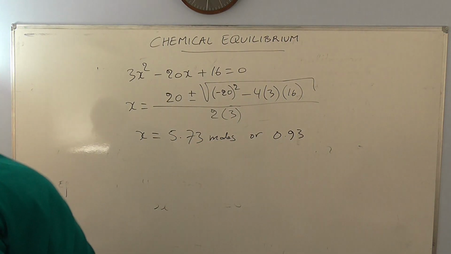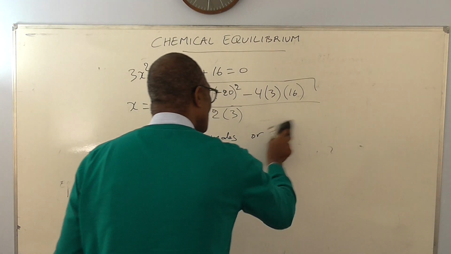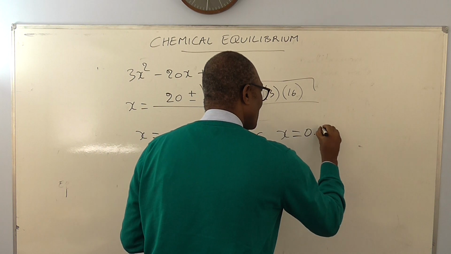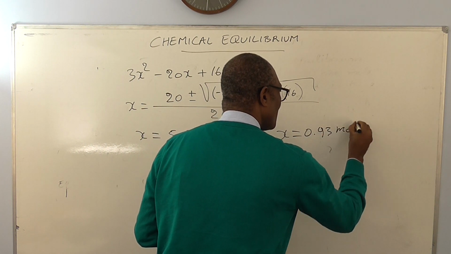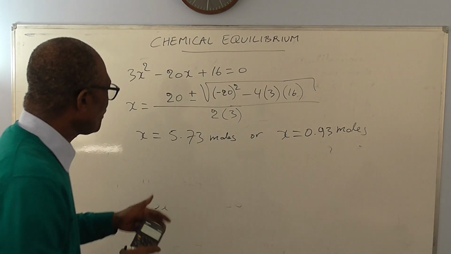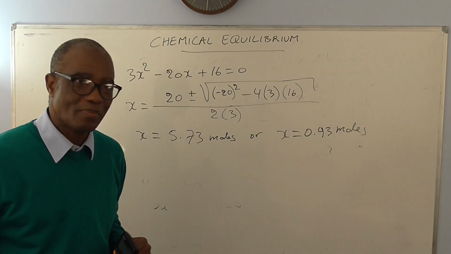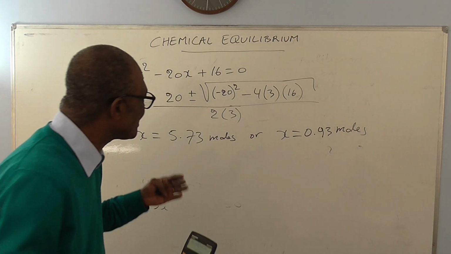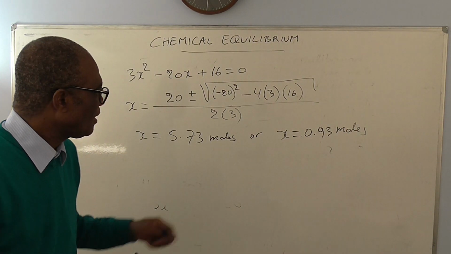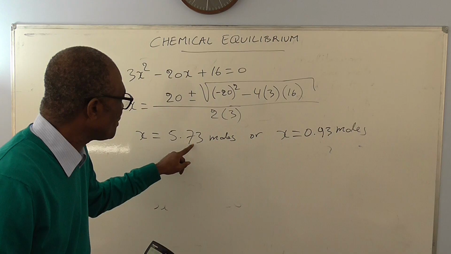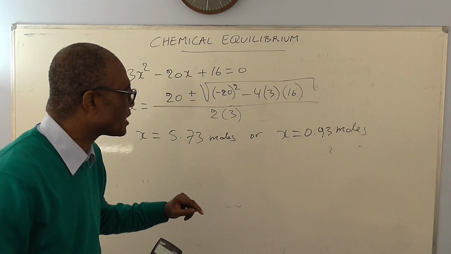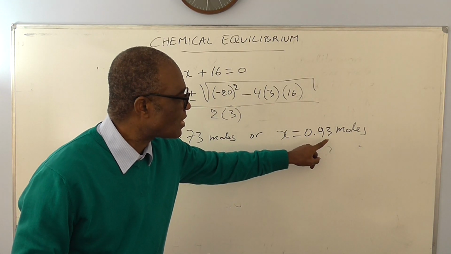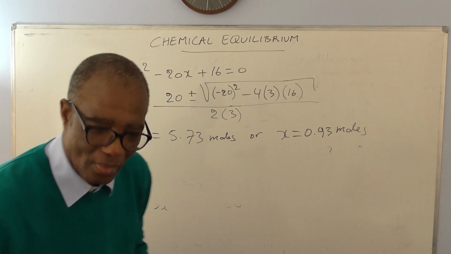So x is equal to 0.93. X equals 0.93 moles. So now, look, we have two values here. We need to criticize, we're going to criticize 5.73 moles and 0.93 moles.